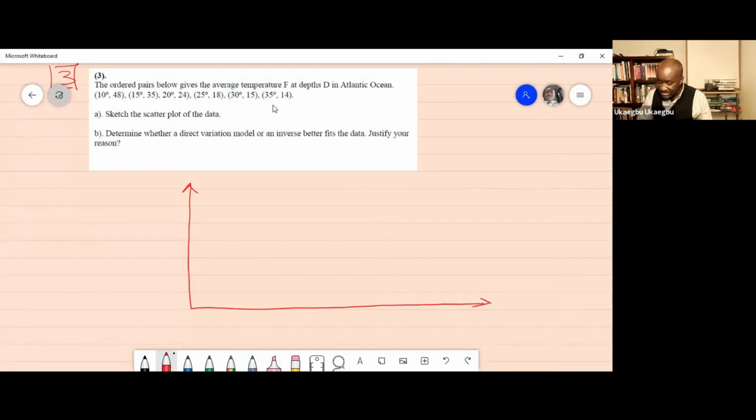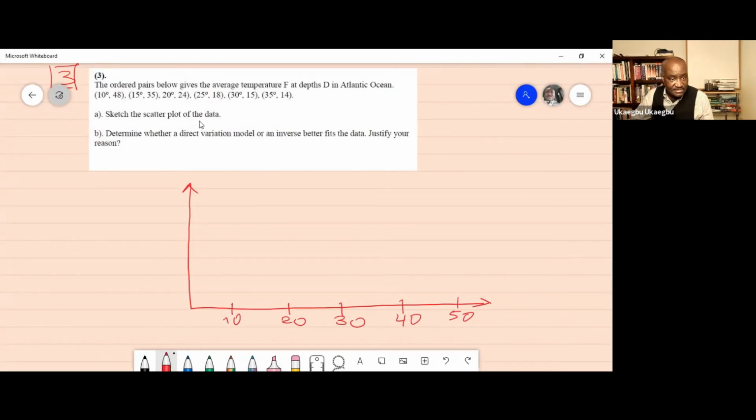So on your x-axis, you must make sure that you have up to 35. So take your scale like 10, 20, 30, 40, 50, so that you can have up to 35 somewhere.